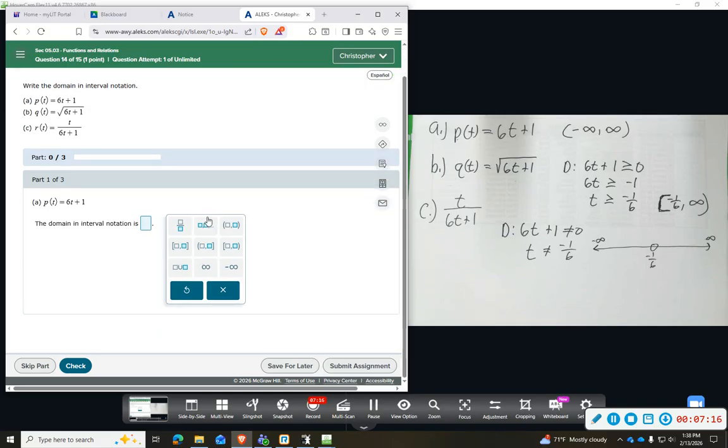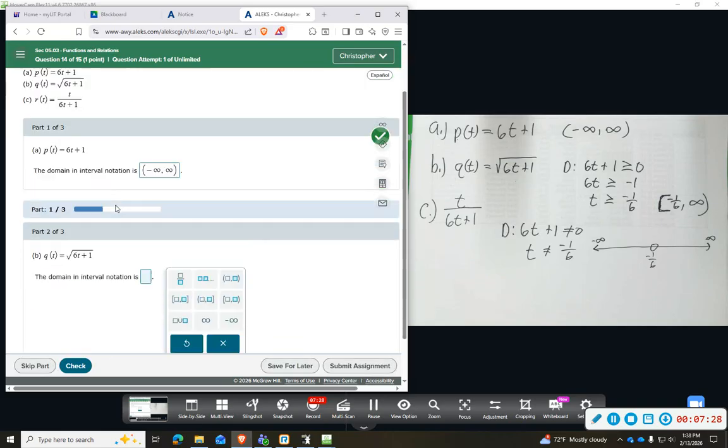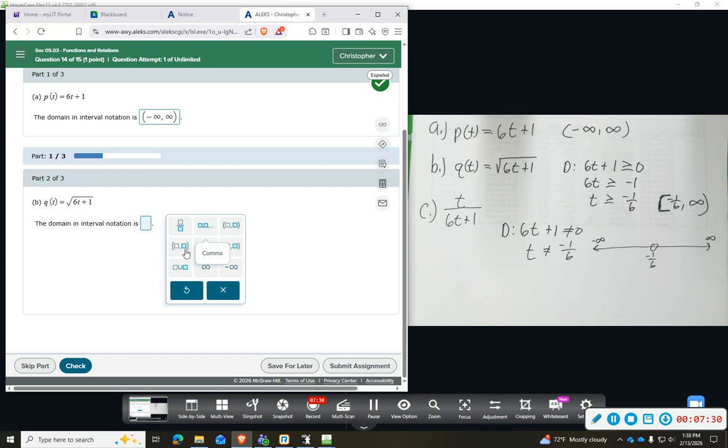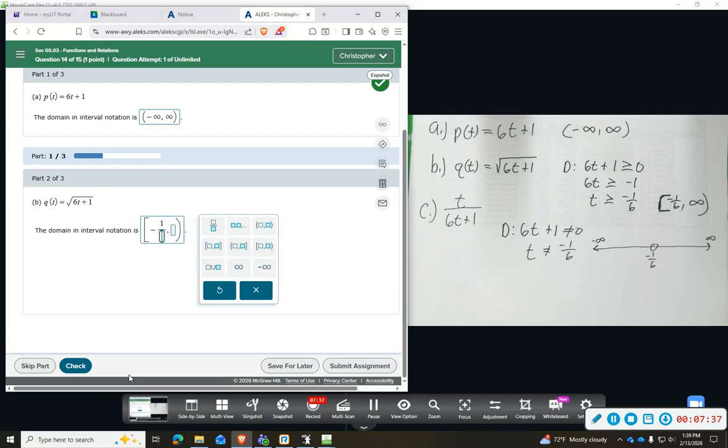And so we're going to input all of these in so we can see our domains in interval notation. So part 1, both parentheses, negative infinity to positive infinity. All right, part 2, we had a bracket on the left. That was negative 1 over 6. And that went all the way up to positive infinity. Okay, so that's this part right here.